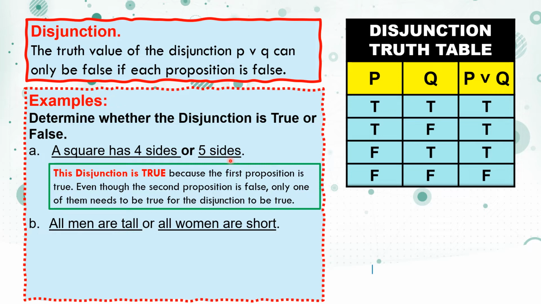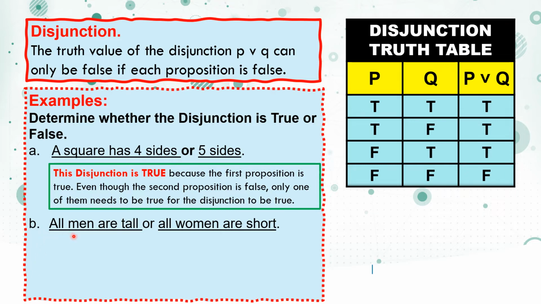So, true, false. Since it is not both false, the answer is true. So, I repeat, etong first proposition natin, a square has 4 sides, is true. Pero yung a square has 5 sides is false. So, true, false, then the disjunction is true.